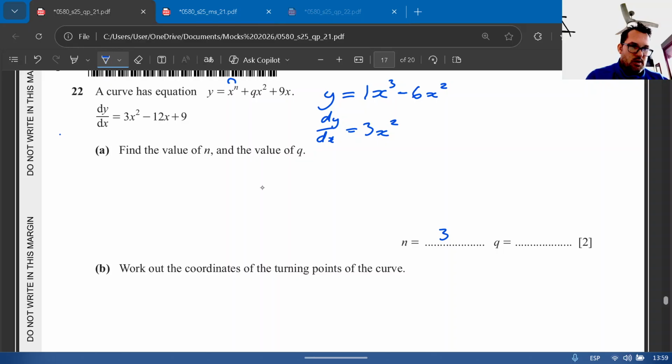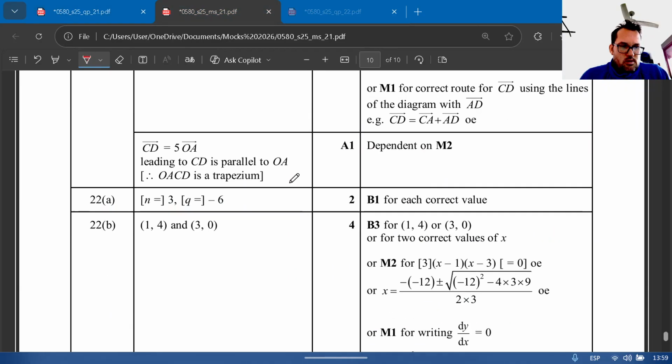Subtract 1, remember there's a 1. So yeah, that's right. So Q must be minus 6. And then you get 1 times 9 is 9. Subtract the 1 will give you x to the power of 0, which is 1. It's the same. I don't know any other way to explain this. This is just the answer.